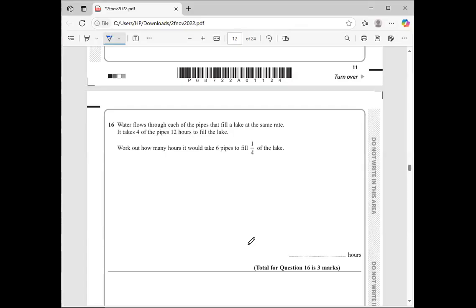Sorry, I wanted to move around a bit. 4 pipes. It takes 4 pipes 12 hours.